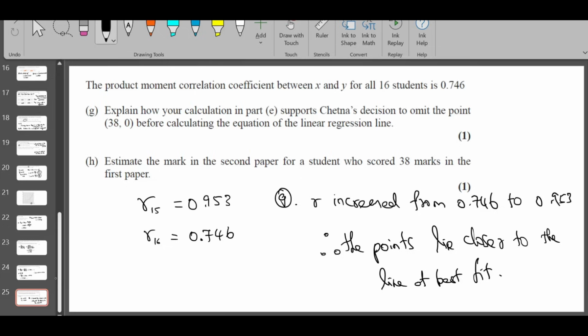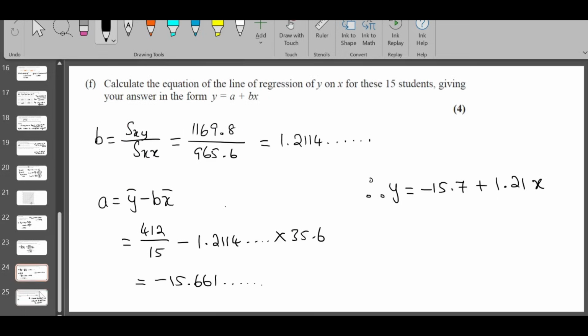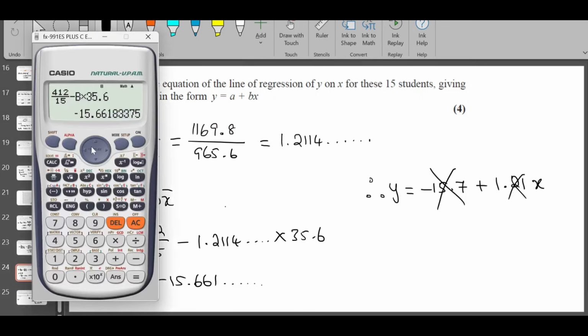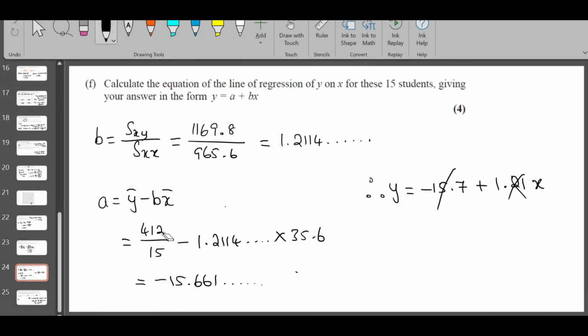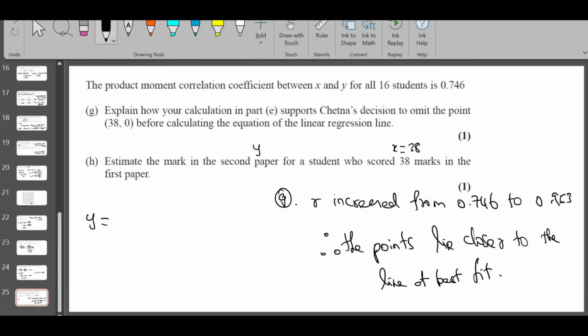Okay, now H, estimate the mark in the second paper, that's y, for a student who scored x is 38. So you take the regression line, y is equal to, but do not use the rounded value, you need to use the actual value. We have the actual value of a here, I'm going to store it as A. I should have stored it before. So y is a plus b times 38.